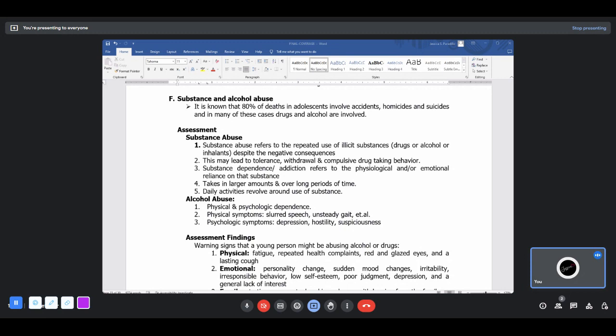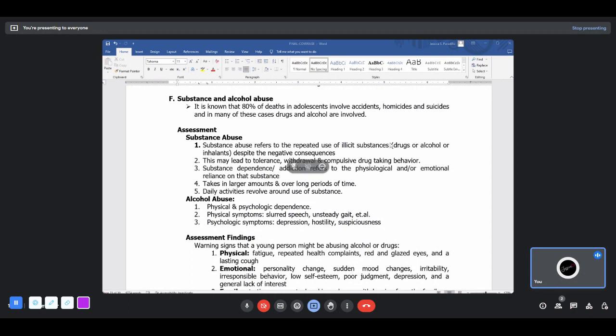Okay? For the assessment, we have substance abuse. Substance abuse refers to the repeated use of illicit substances, like drugs, alcohol, or inhalants, despite the negative consequences they can cause in the body. This may lead to tolerance, withdrawal, and compulsive drug-taking behavior when they continue and do not stop abusing the substances or alcohol.